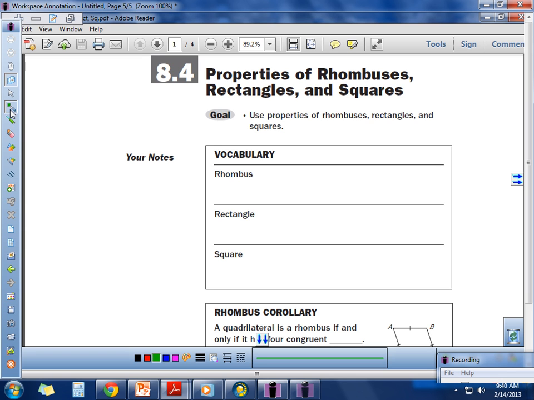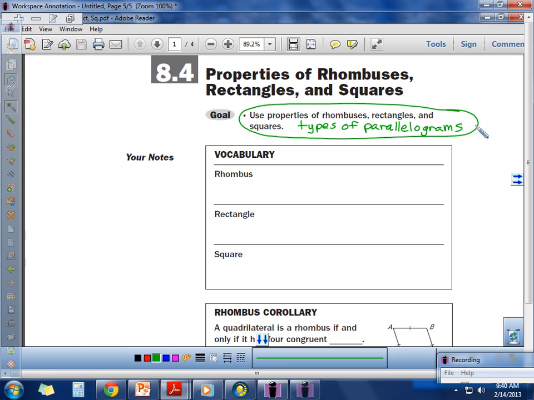Now, one thing I want to show you is that these are all types of parallelograms. So all these shapes are types of parallelograms. That means they all share one specific property.